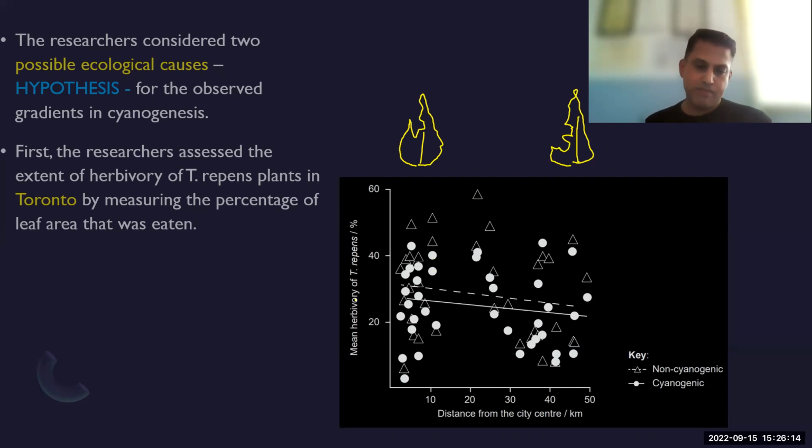So the mean herbivory of Trifolium repens here, they take the percentage, and what we can see is close to 30. But when it comes away from the city center, it's less than around 30%.